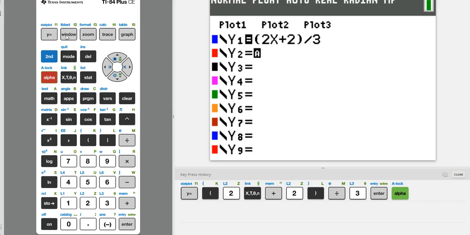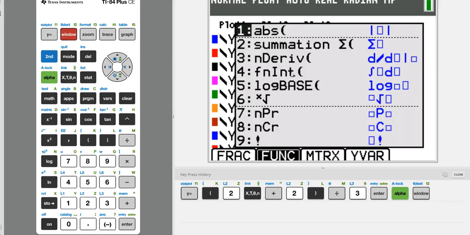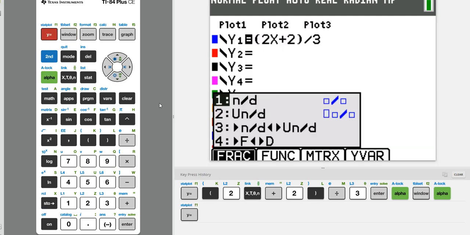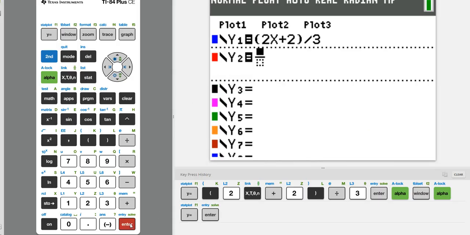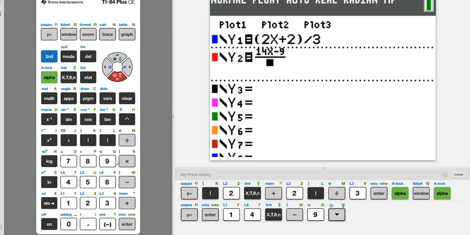Anyways, 14x minus 9 divided by 21. Oh, it's under math, and then you have to arrow all the way over to the action.